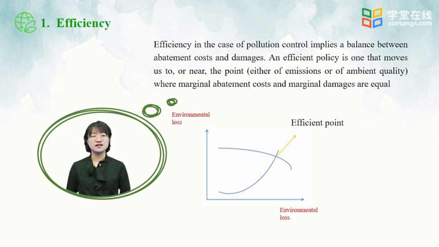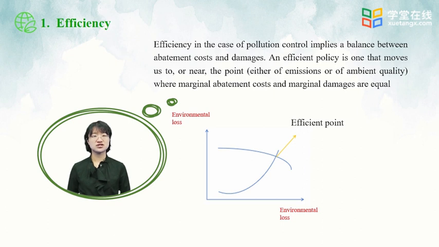Similarly, the governance efficiency of environmental policy means policy governance will cause emission reduction cost and eliminate environmental damage at the same time, and there must be a balance point between them. So which point is the balance point?